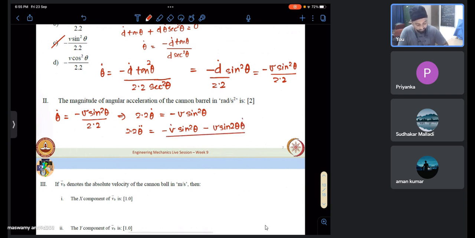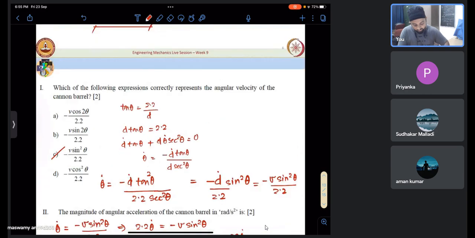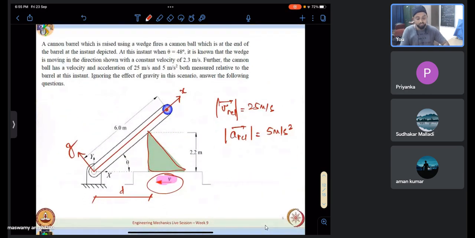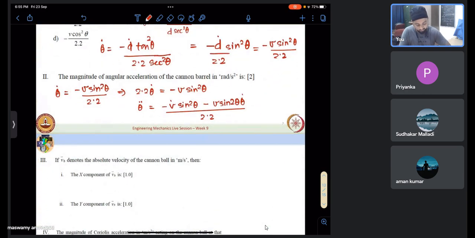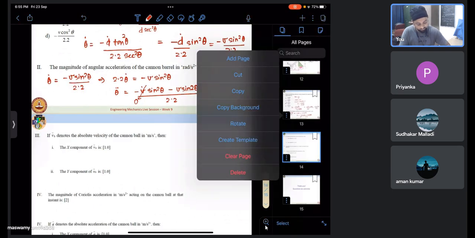V dot: it is given that it is a constant velocity, so this is 0.